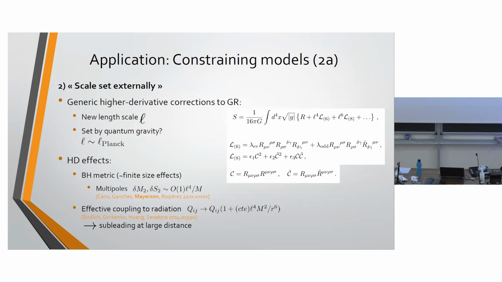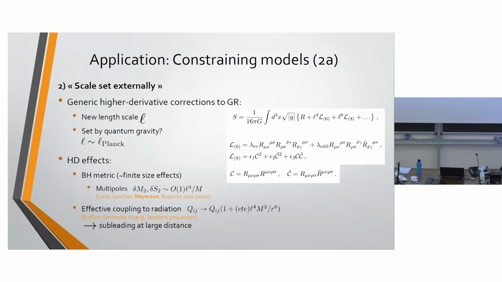Okay, so if we take these higher derivative effects seriously, there are 2 different effects. Thinking about EMRIs, there's the effect where the central object has a perturbation to its metric, because the higher derivative corrections change the metric. This is like a finite size effect. This means that when your metric changes, your multipoles change, and so you can calculate this.